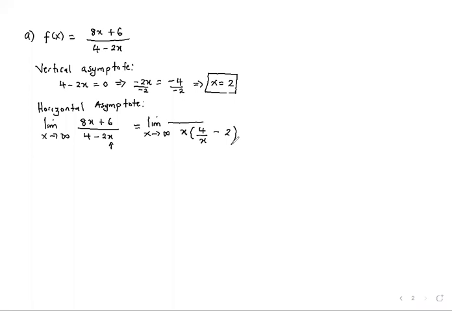When you do that, you take this same x, you take it in the numerator and factor it out there. So you divide through, so we'll have 8 plus 6 over x.